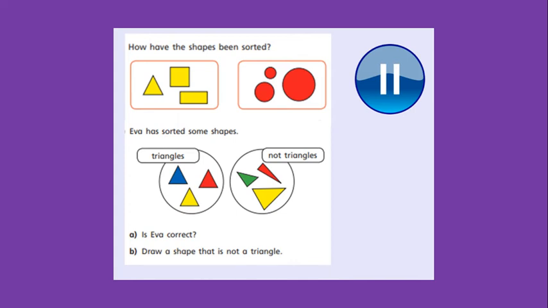Have a think about what I told you about triangles. And then I want you to draw a shape that is not a triangle. Okay? So pause the video, work out those questions, and then we'll check in a moment.